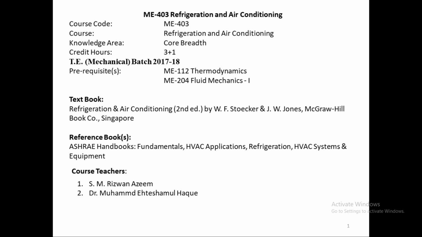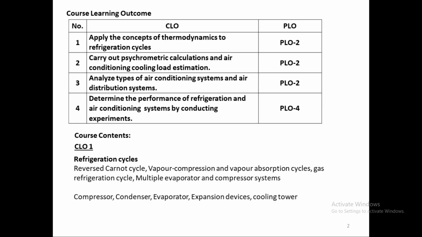The textbook for the course, the CLO, there are 3 CLOs in this course. In fact it's 4, but the 4th one was for practicing of the basic thermodynamic concept for refrigeration cycles, and then psychometric calculations and cooling load estimations is CLO2, and CLO3 is the air conditioning systems types and applications, and the air distribution systems or duct design, etc. So there are further details of CLO1 here.